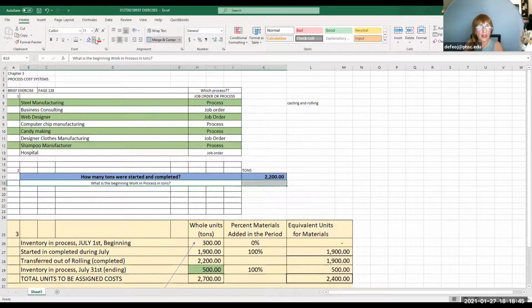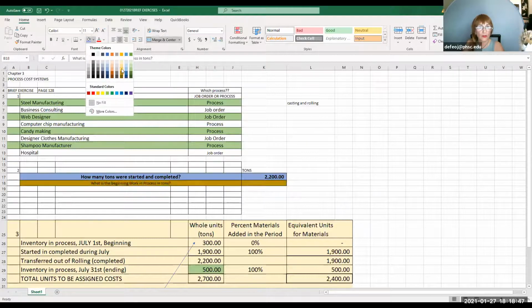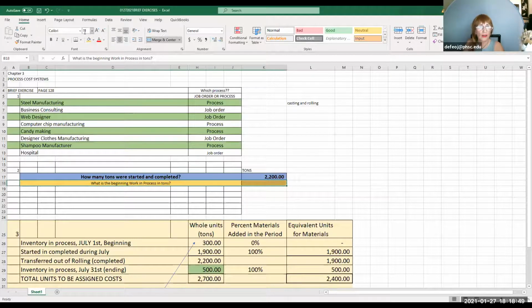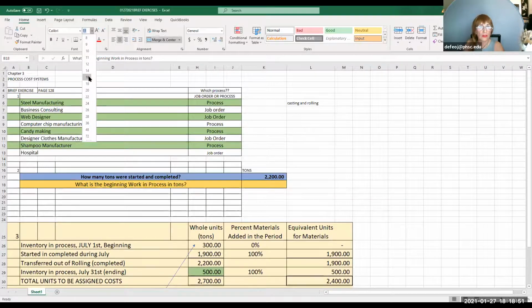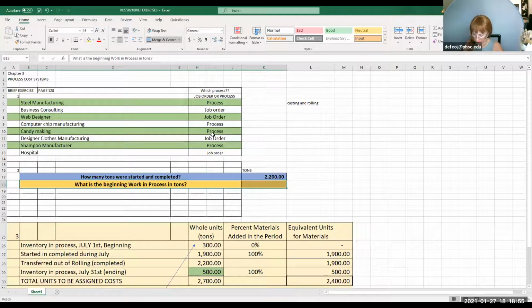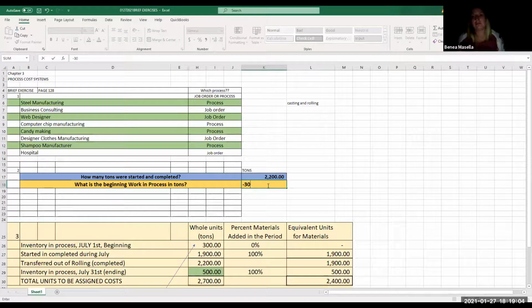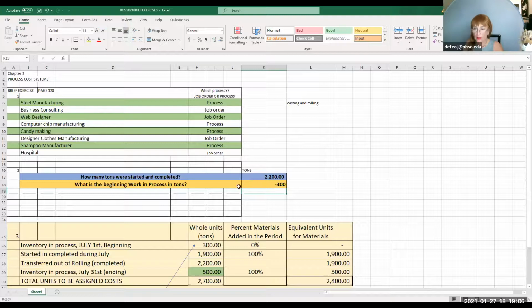I'm going to highlight that in purple. No, too dark. I'm going to highlight it in orange. It's in the first sentence, by the way. How many tons? 300. Yeah, that's right, 300. So in this case, we have to subtract the beginning.